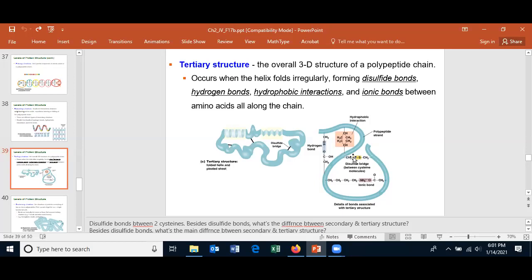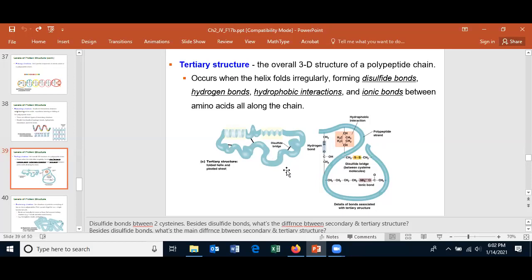You have the same interactions between amino acids as in the secondary structure, meaning you can have hydrogen bonds forming, you can have hydrophobic interactions. I don't have that shown here, so we'll just call these hydrophobic interactions. You can have repulsions, like right here, there's maybe a repulsion, a hydrophobic and hydrophilic amino acid.